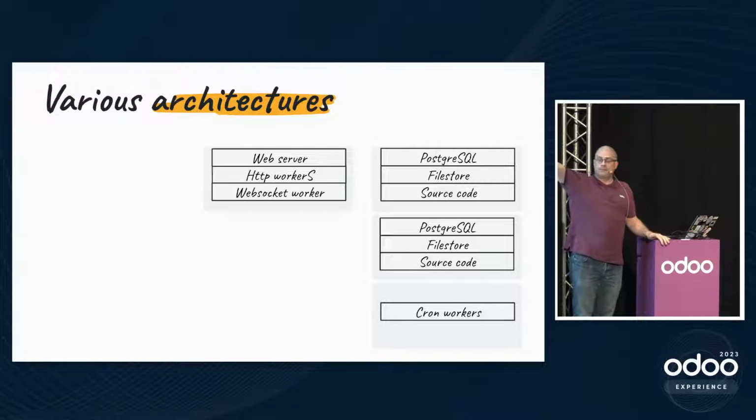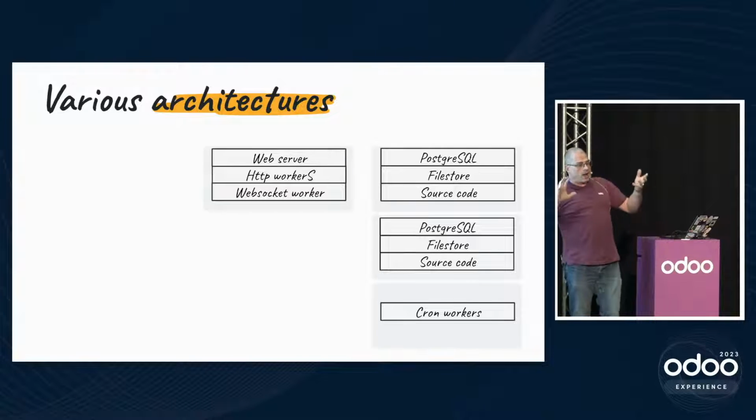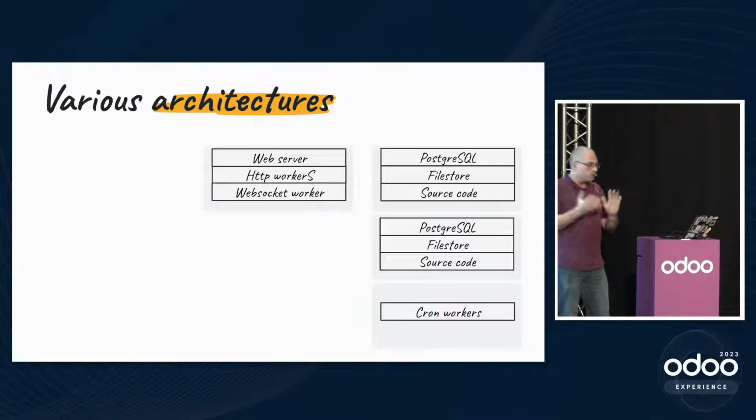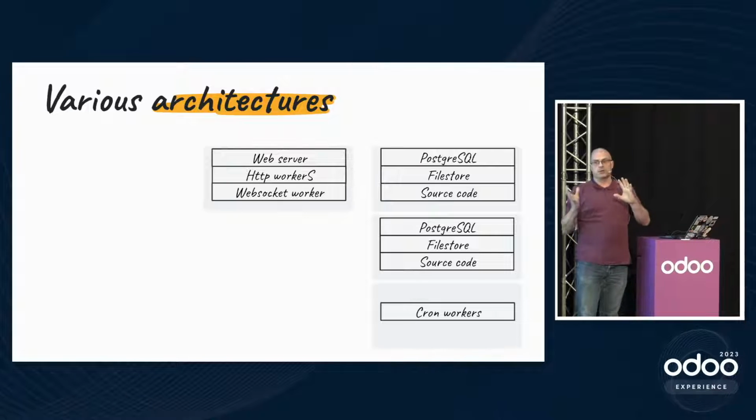I said that the Odoo server sent to the web client the JavaScript, the CSS, and so on. The JavaScript and the CSS are bundled together in assets. To ensure that we have the correct assets version, we compute a hash of the assets.